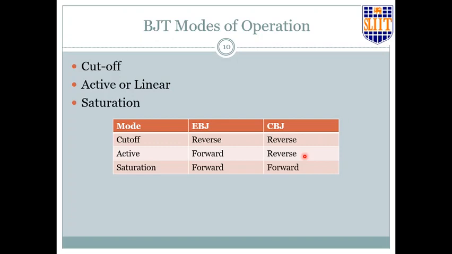For active operation we need the base-emitter PN junction to be forward biased and the base-collector PN junction to be reverse biased. For saturation we want both the PN junctions to be forward biased. Before that we will talk about the active operation first.